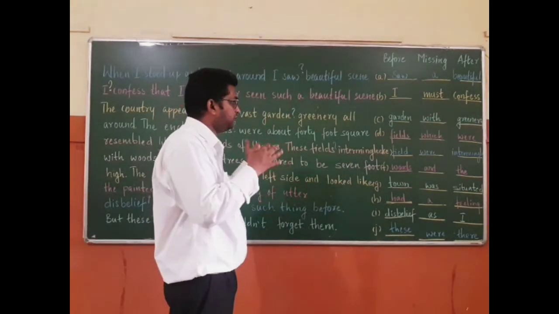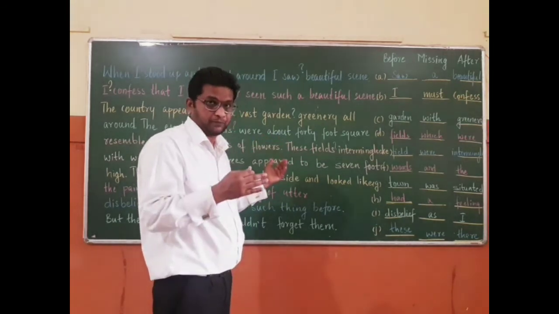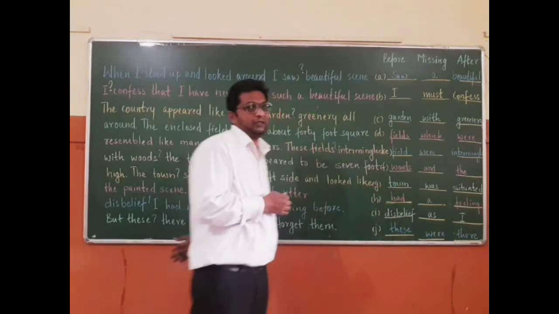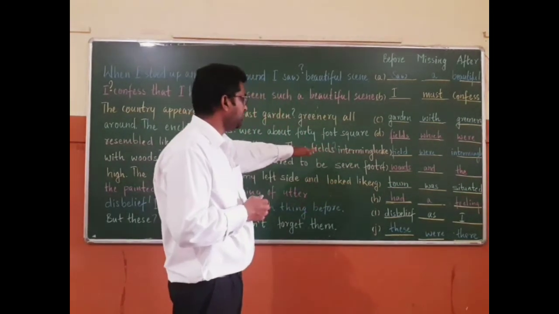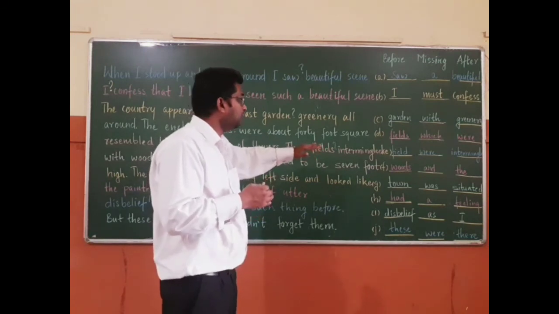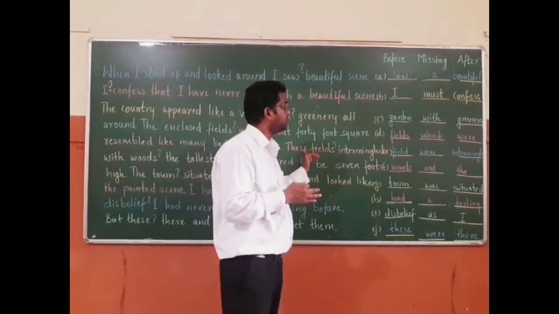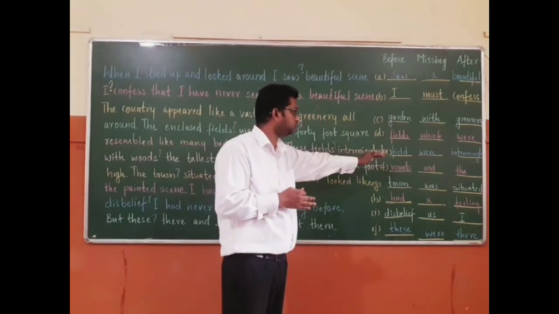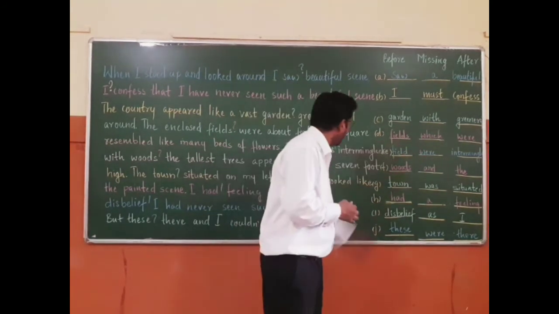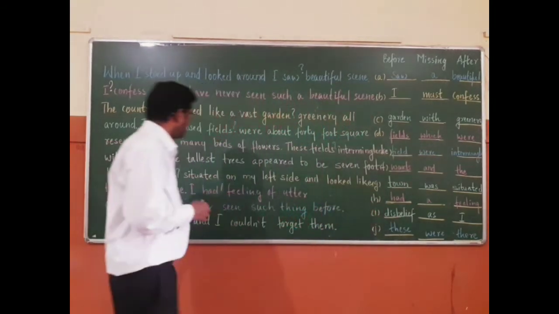So which form of helping verb will be used? Were. Fields were intermingled. So the word here is were, because it is fields. Fields will come before, intermingled will come after, and the verb will come in the missing word.